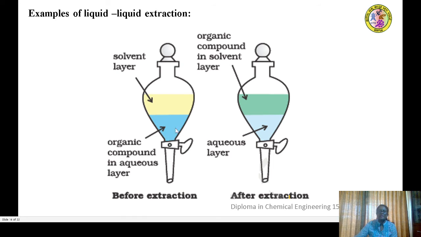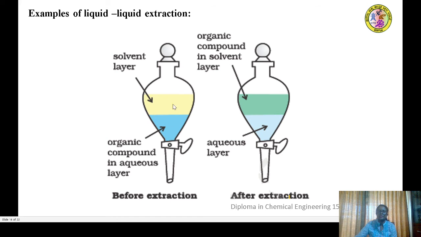So that aqueous solution is taken, and after that, one solvent layer, a suitable solvent which can dissolve the organic compound, is taken into the same separatory funnel. So when the solvent is added, you can see that two liquid phases will stand separately, one at the top, one at the bottom, because they are immiscible. Okay. So now to establish proper contact between the two, a thorough contact, you need to shake the separatory funnel.